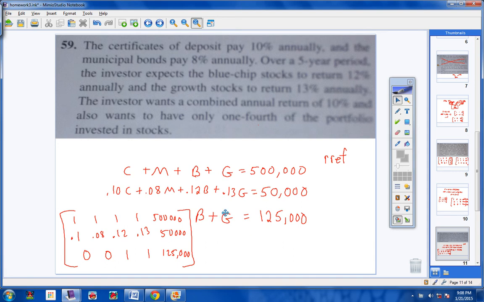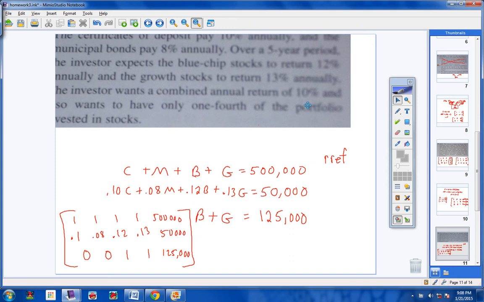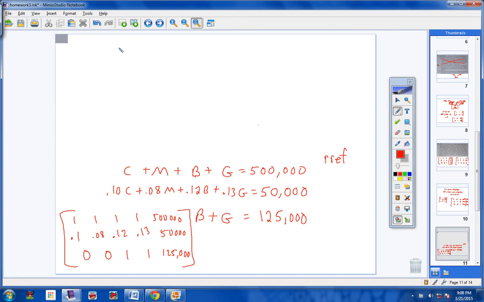Actually, before I write that matrix, I'm going to slide this out of the way. You should get this matrix right here. If you did it correctly, you're going to get 1, 0, 0, 0.5, 250,000, and then you'll have 125,000 here.